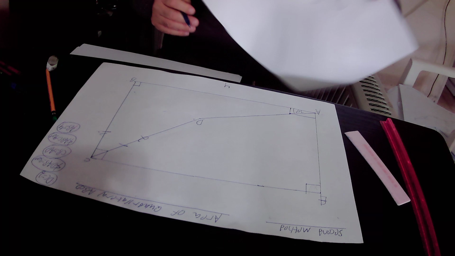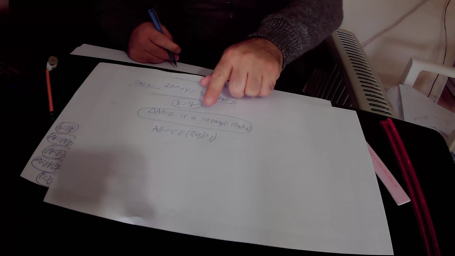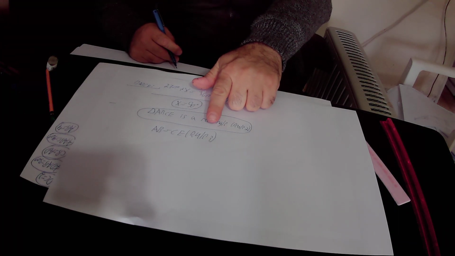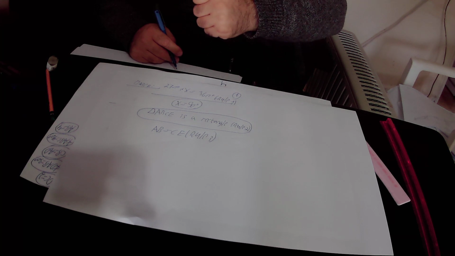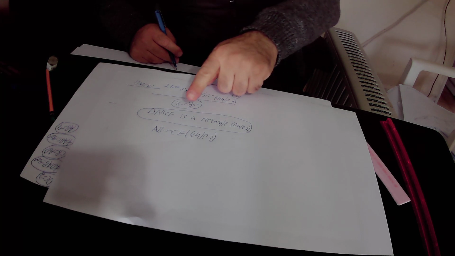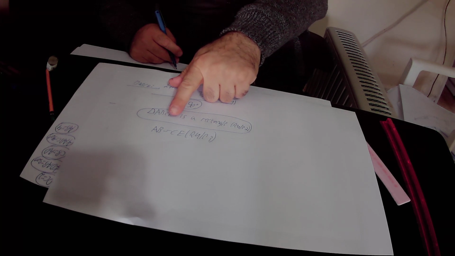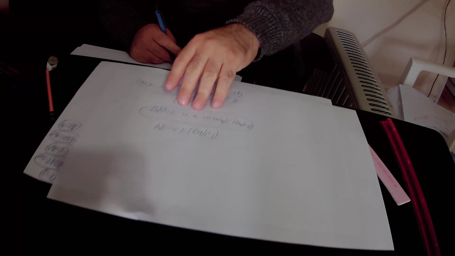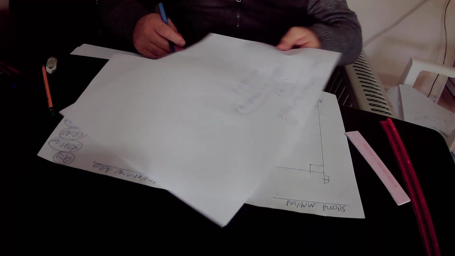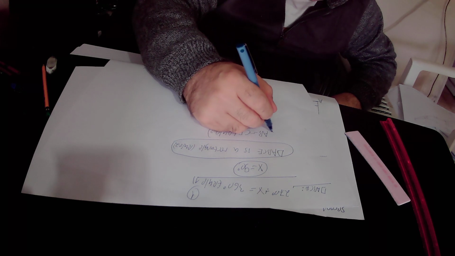But it is given us in the question that AB equals to 4 units. So we can write here that AB equals to 4 units.